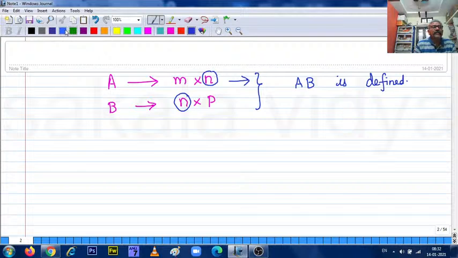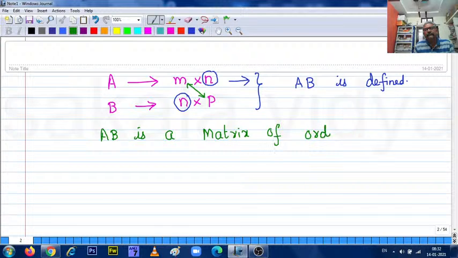And its order is m by p. This is the resulting matrix.